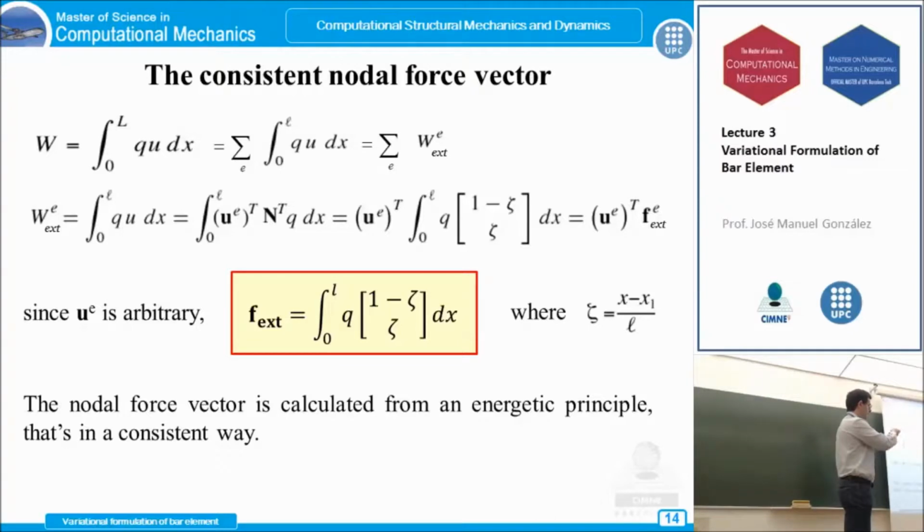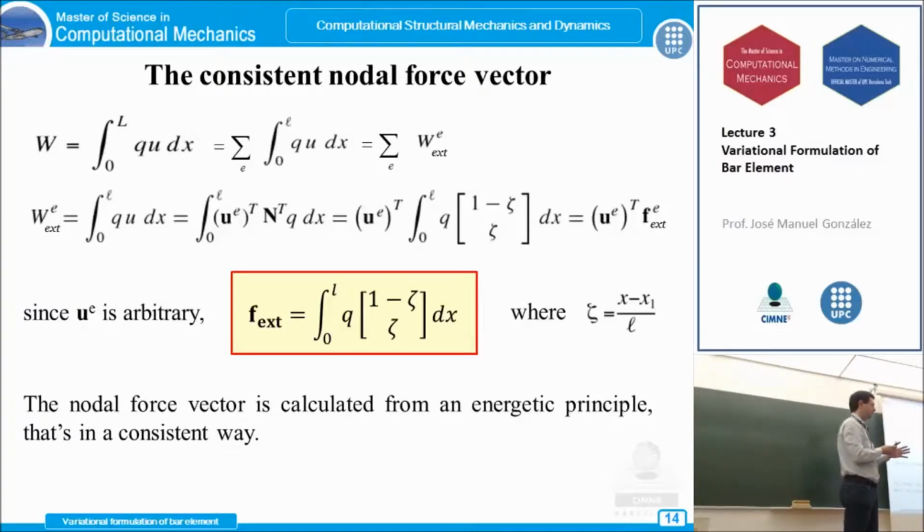These shape functions were 1 minus chi and chi, which are the natural coordinates, and we can calculate this external work like the nodal values transposed vector times this vector f, which comes from these integrals.